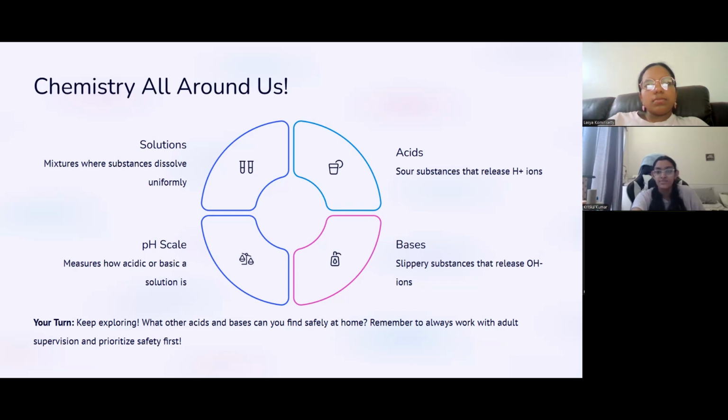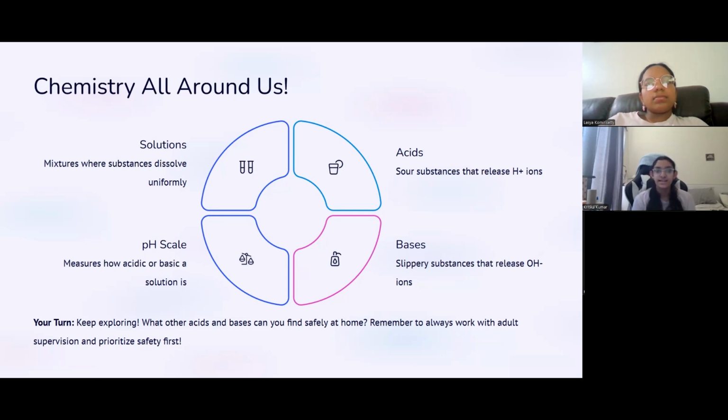Then bases, which are slippery substances that release OH minus ions in water. And the pH scale, which measures how acidic or basic a solution is. Acidic is how low the pH is, and basic is how high the pH is.